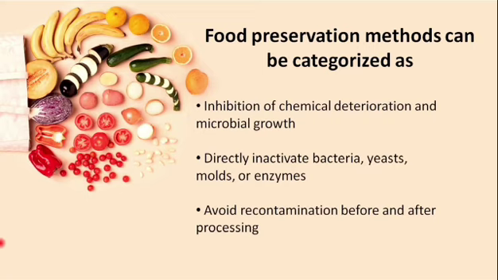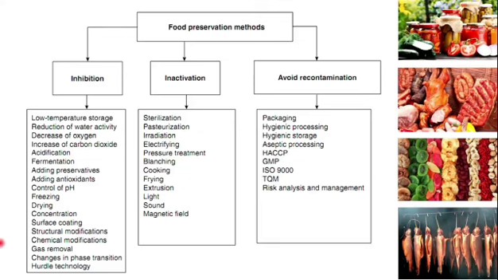Basically, food preservation methods can be categorized as inhibition of chemical deterioration and microbial growth, directly inactivating bacteria, yeast, and molds or enzymes, and avoiding recontamination before and after processing. Here you can see a number of techniques or methods from the above categories that we can use for food preservation.